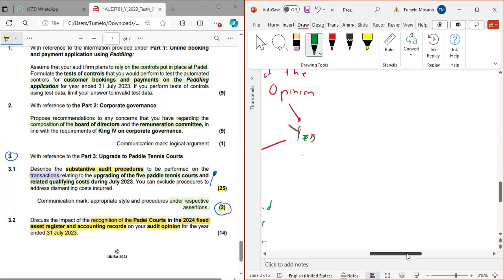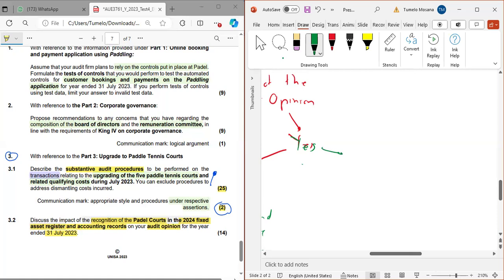Then if it is not due to a limitation of scope, normally you'd find out that it is due to a difference in opinion with management, right? So you and management are not agreeing.